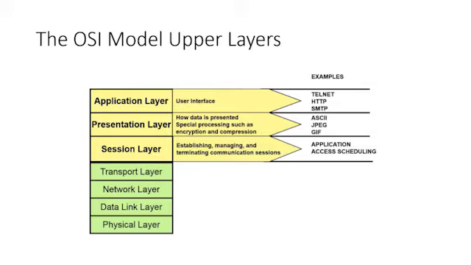Then below that, we have the presentation layer, which is how that application is going to be presented to us as end users. Is it going to be a picture? Is it going to be words or graphics? Or is it going to be music or video? That's all how it's shown or presented to us as end users.